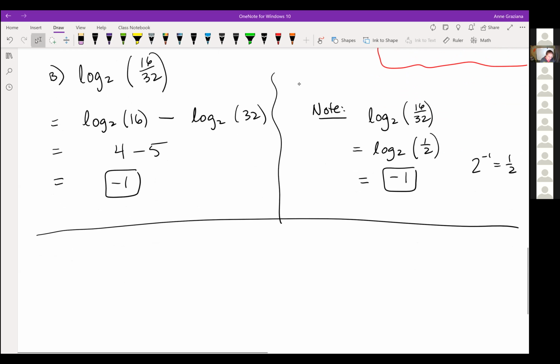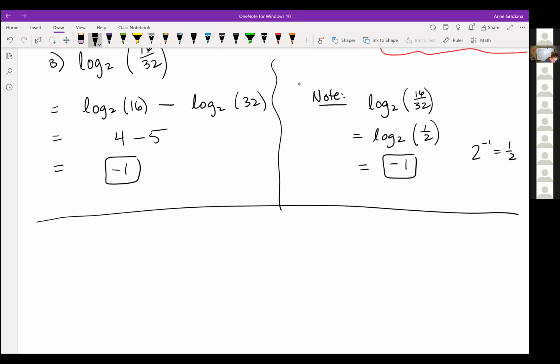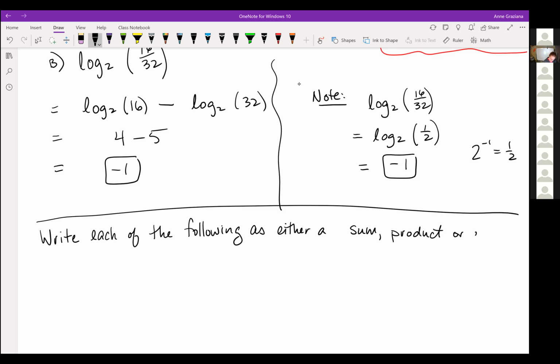All right, so let's practice now. Write each of the following as either a sum, product, or difference.